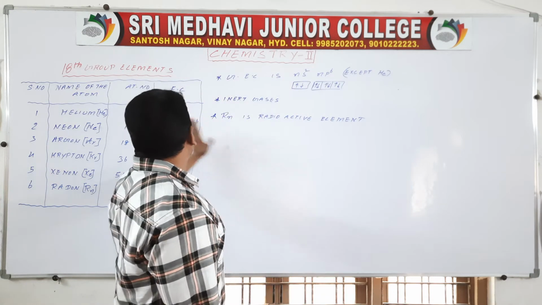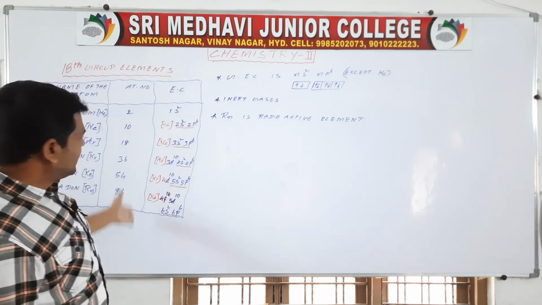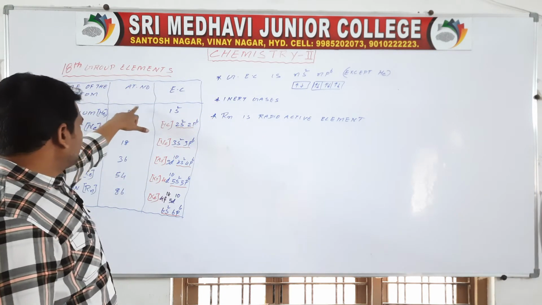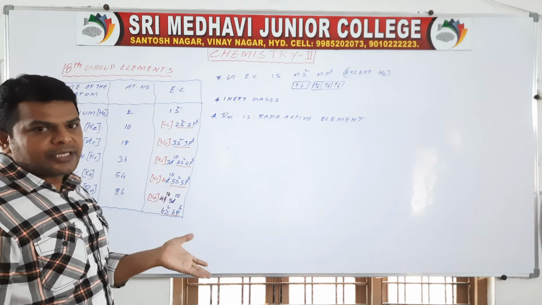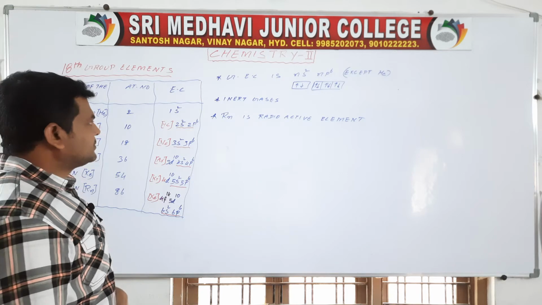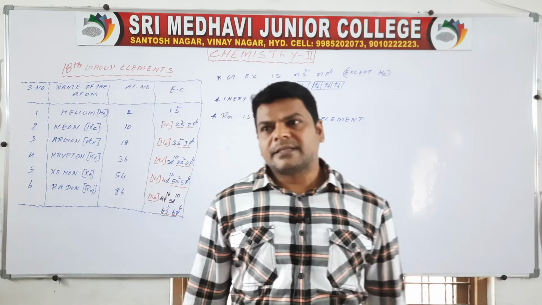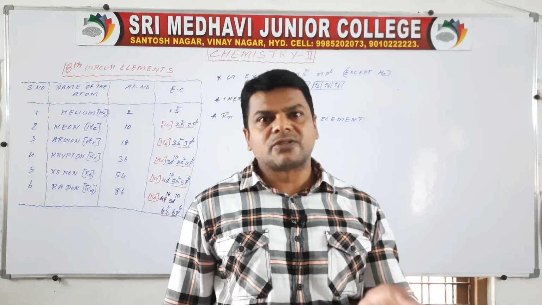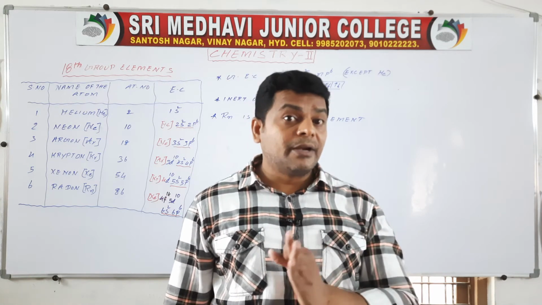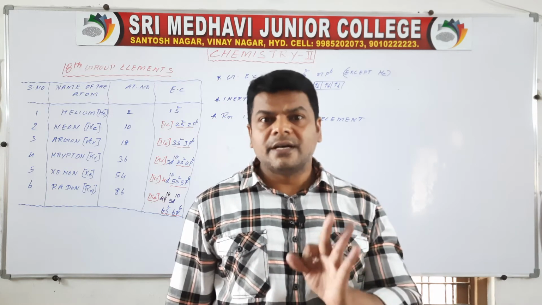As atomic number increases, atomic size increases and ionization potential values decrease. So not all are inert gases. Like xenon, if you give energy, it has a chance to combine with highly electronegative elements like fluorine and oxygen.